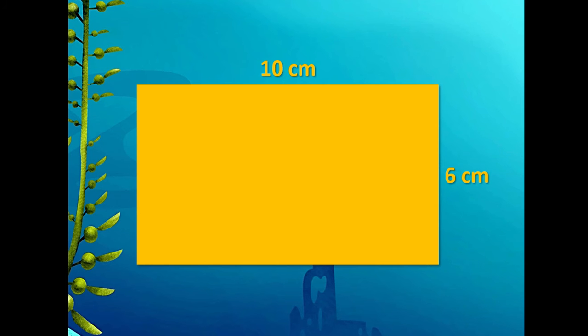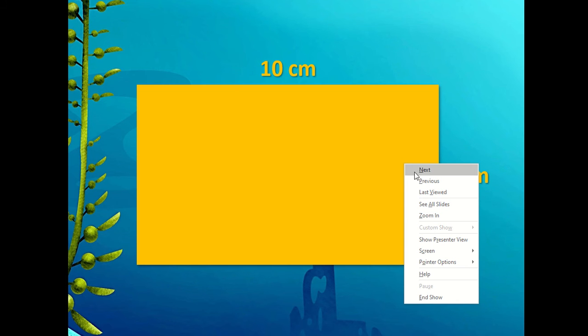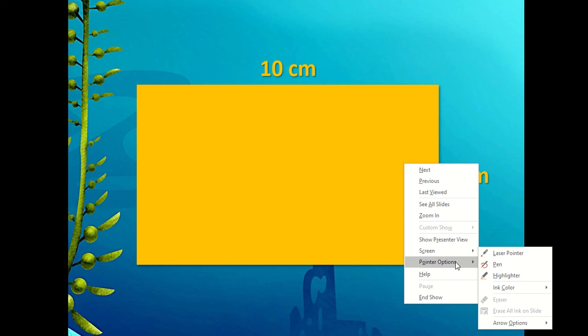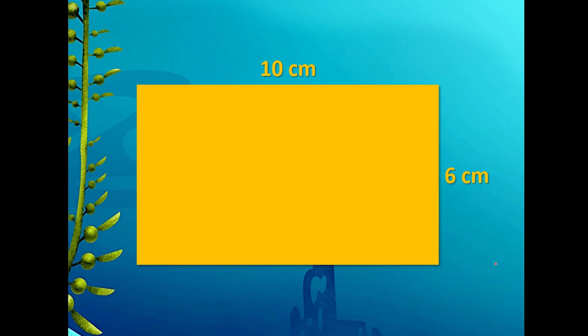So I've got a rectangle here, and it's 10 centimeters long and 6 centimeters wide. Now, to calculate the perimeter here, I've got 10 along this side and 6 down here, but this shape has got 4 sides.